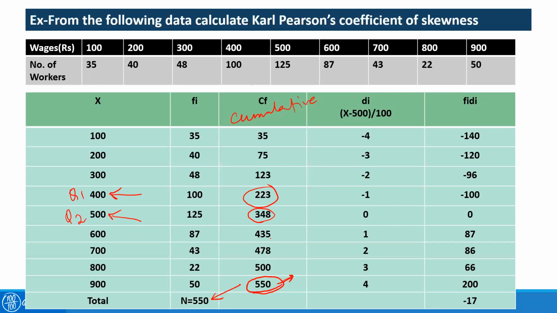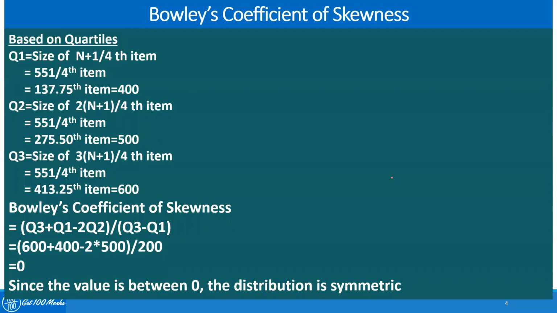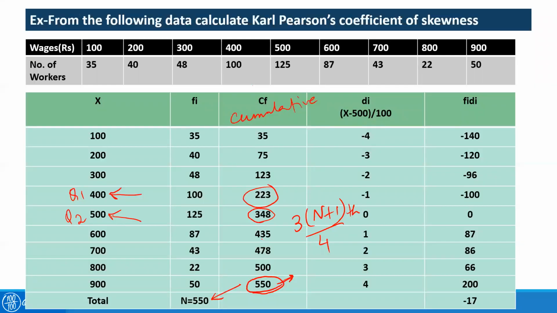Following the same method, for Q3 it is the 3 into (n plus 1) by 4th item. So 3 into 551 by 4 is coming as 413.25. For 413, the cumulative frequency that crosses it is 435, and the corresponding value is your Q3.